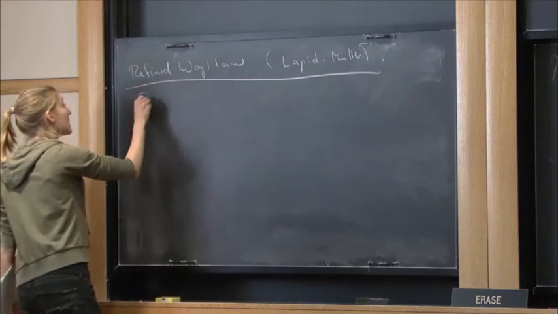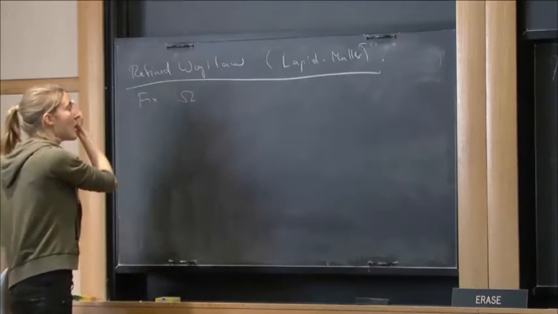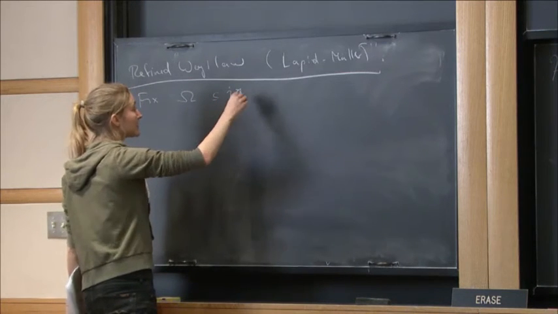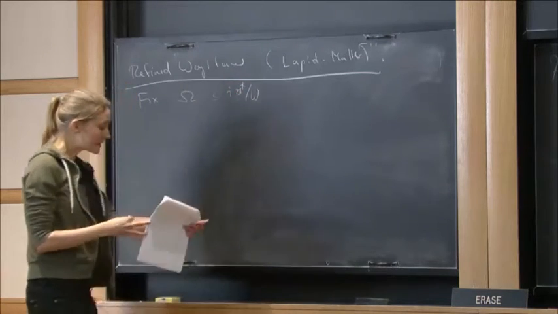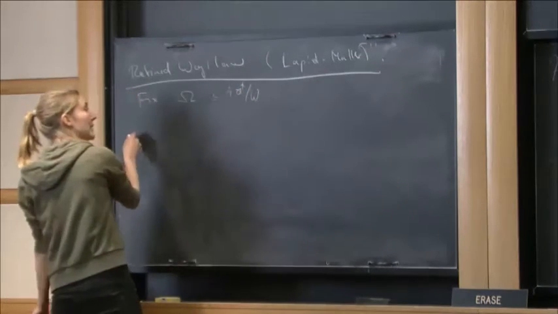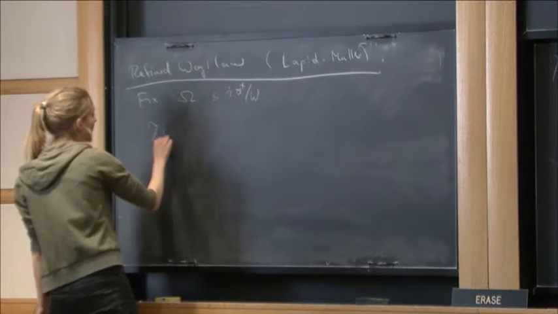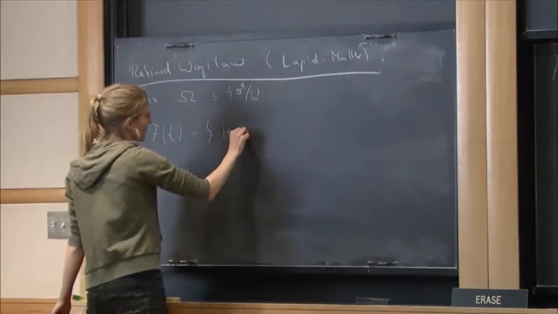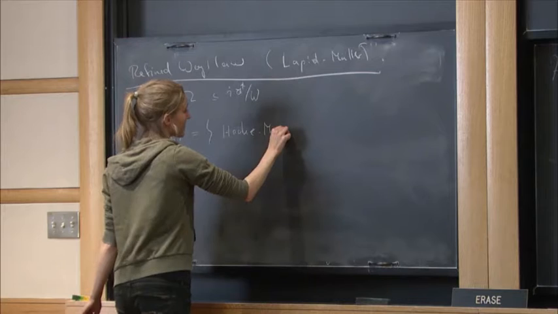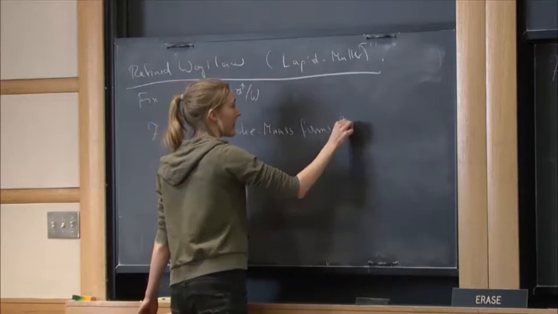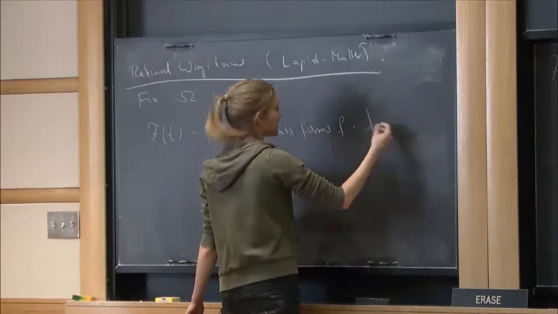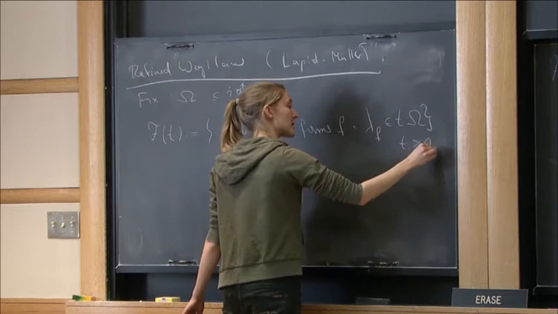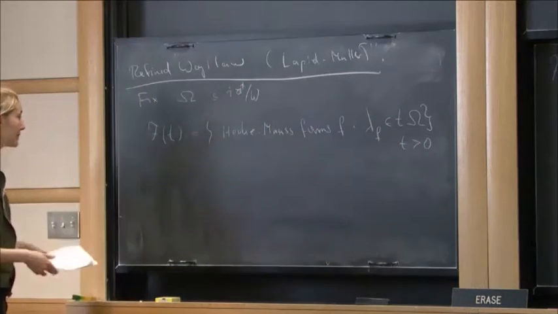So we fix some subset Omega in the tempered dual and consider the following family of Maass forms. So we put F_t to be the set of all Hecke-Maass forms F with infinitesimal character lying in t times Omega, for t just a positive real parameter.